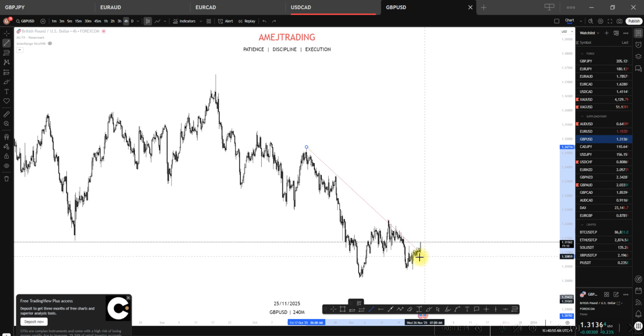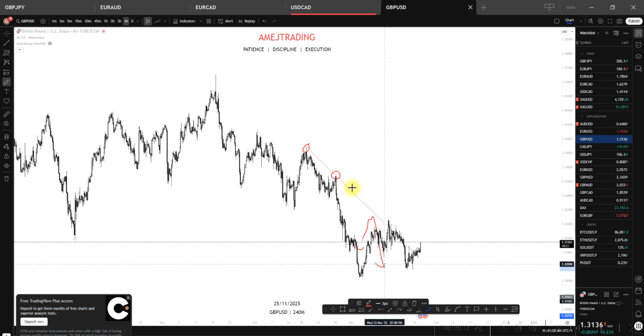To get an entry, let's say I mark this. I've connected this high and then this high. For me to enter another sell, price would have to approach this trend line resistance. But this is where candlestick confirmation comes in.